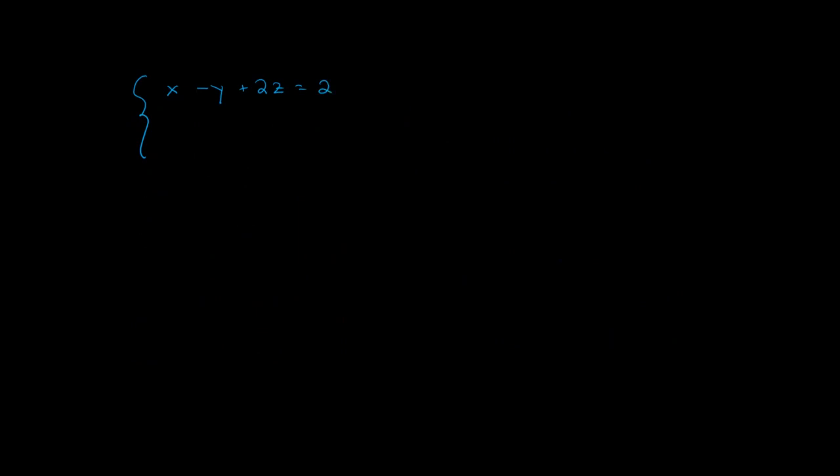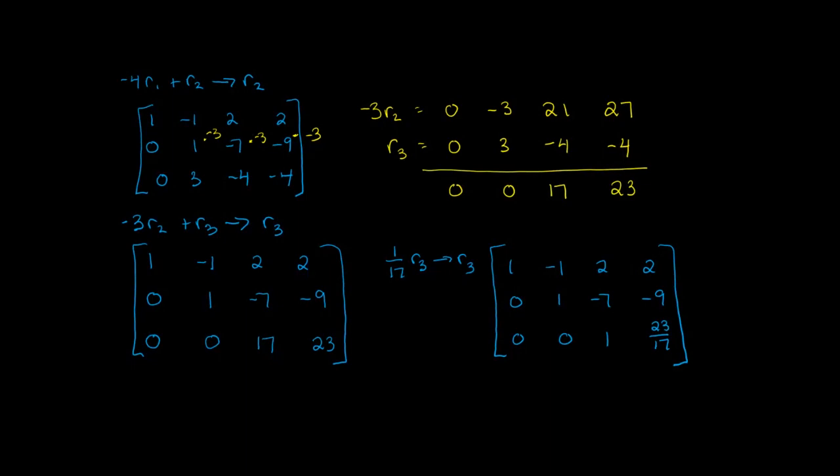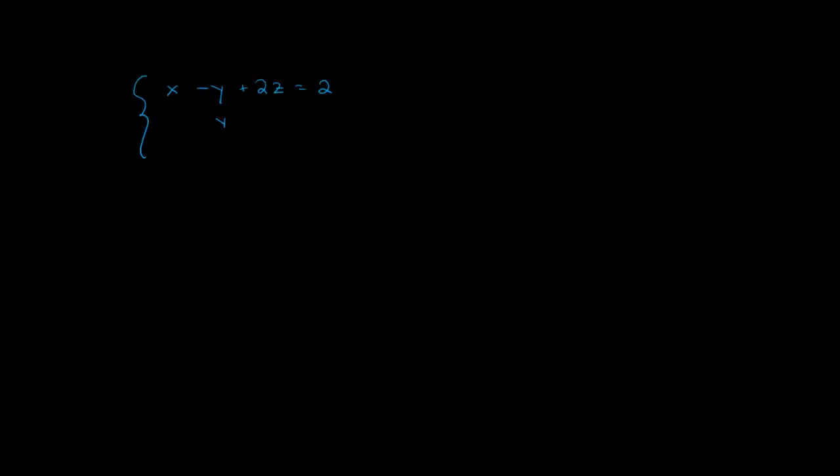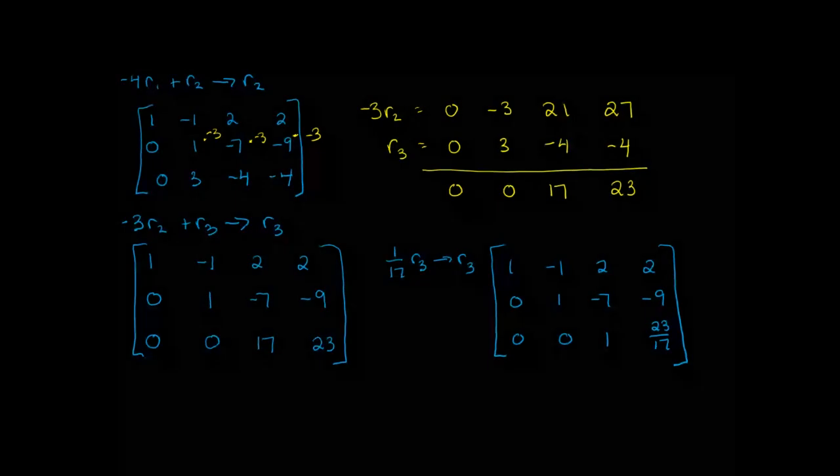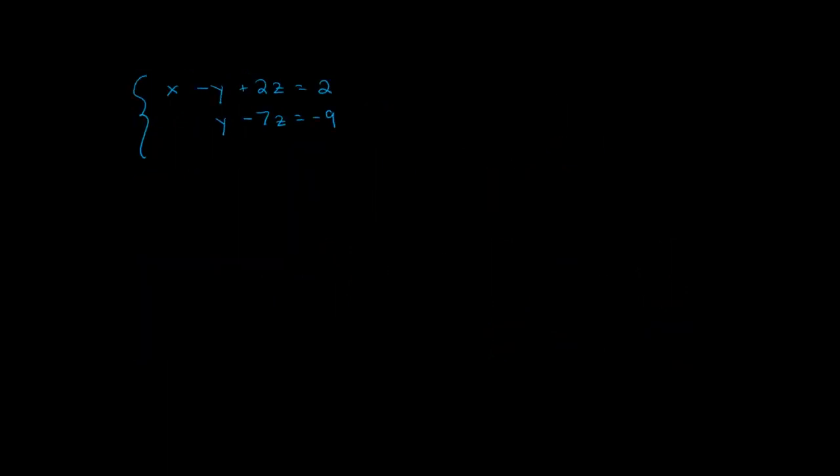So that's just putting those coefficients back in with the x and the y, the z. I have y minus 7z equals negative 9. And then I have z equals 23 over 17.